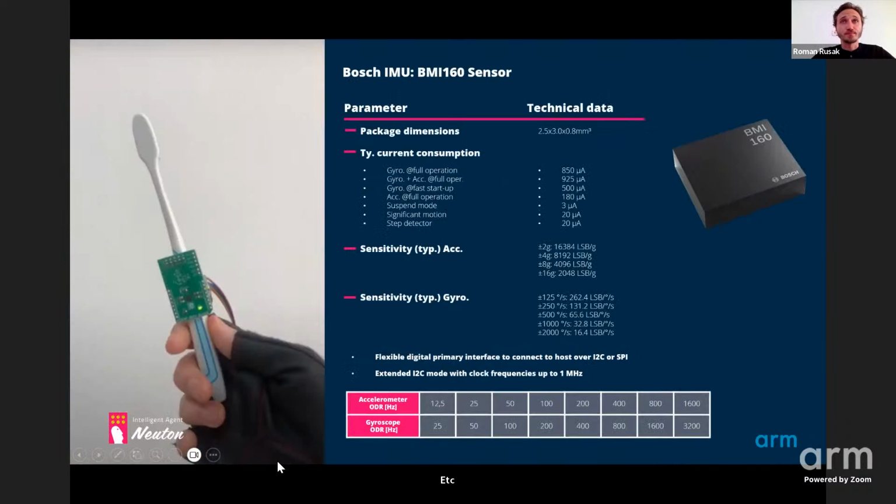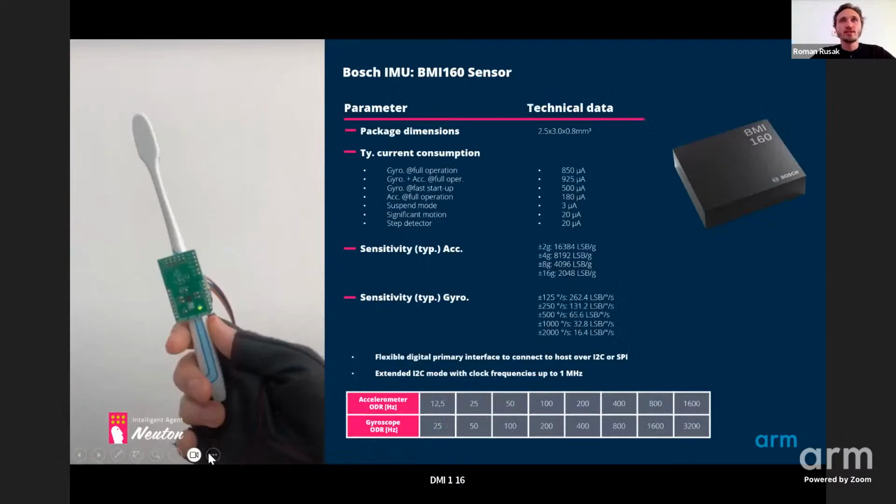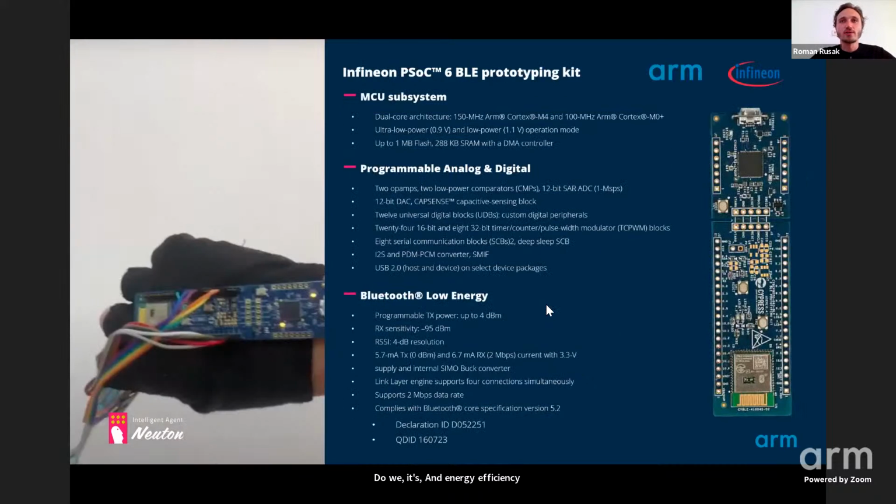And for the IMU sensor, for this project, we use the Bosch BMI 116. Due to its energy efficiency and sensitivity, which is crucial for our application, because we have very low amplitude movements and rotation of our toothbrush while we're brushing.